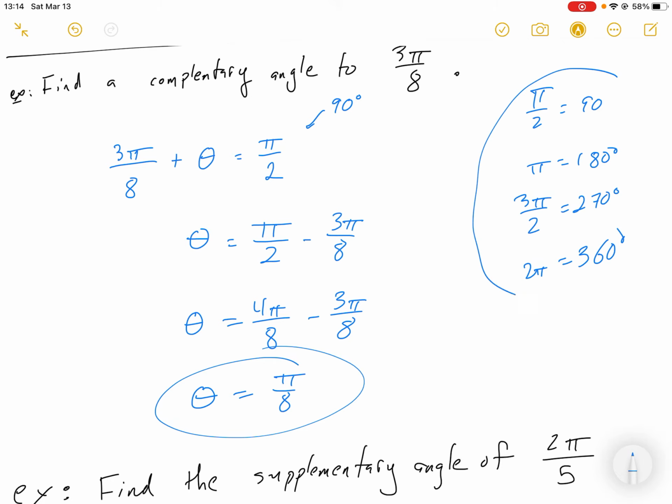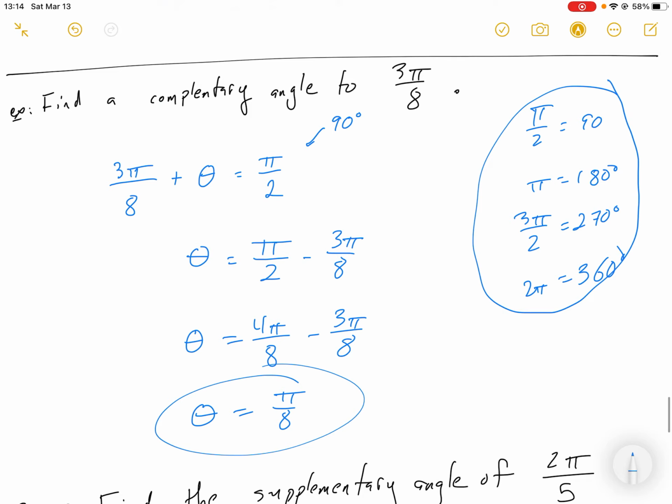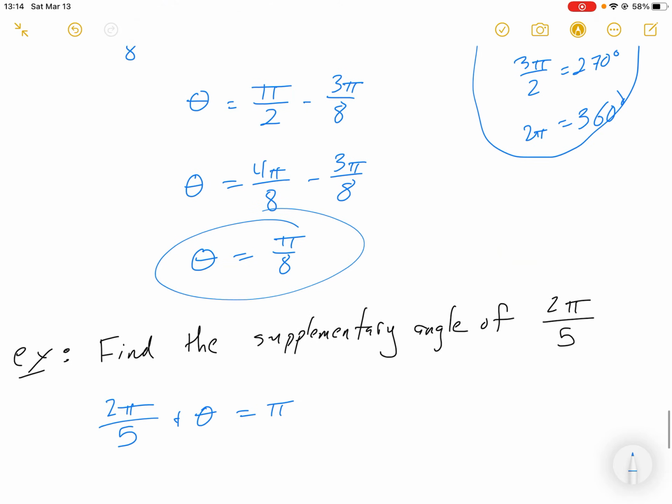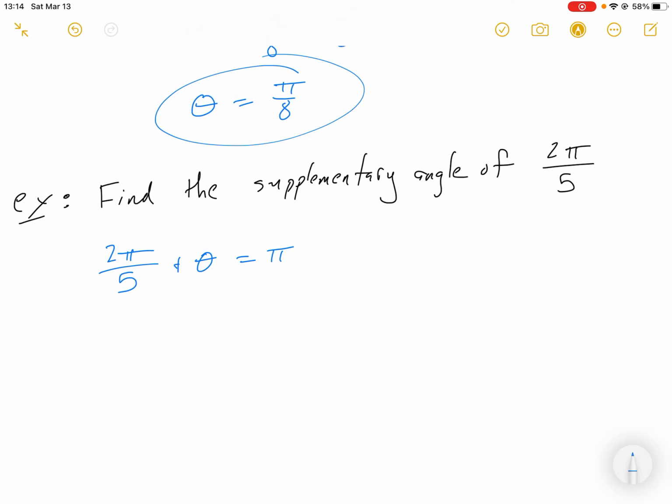So these are the big ones, the big 4, because those are each of the axes, right, as you're going around. Okay, so this has to equal pi, so that means that theta is pi minus 2 pi over 5.